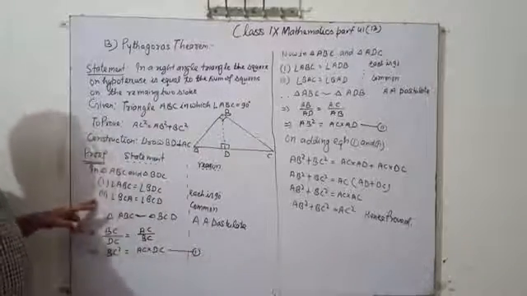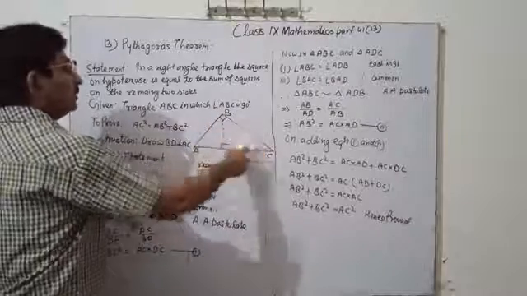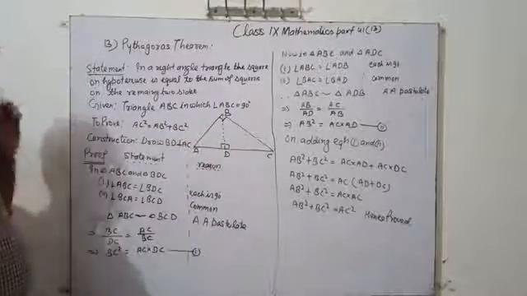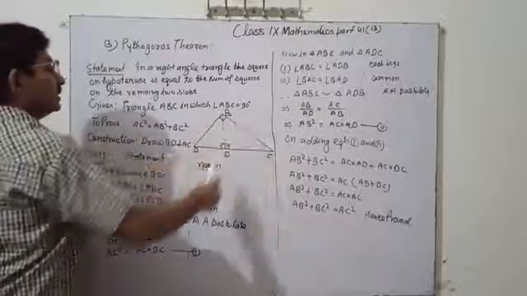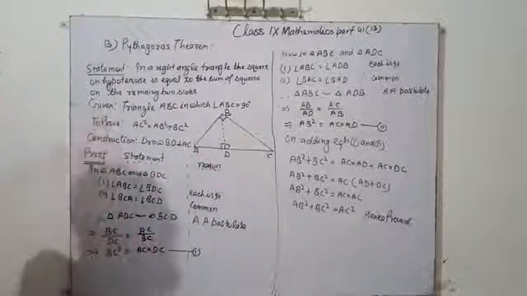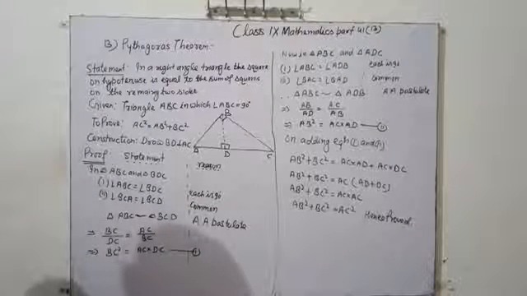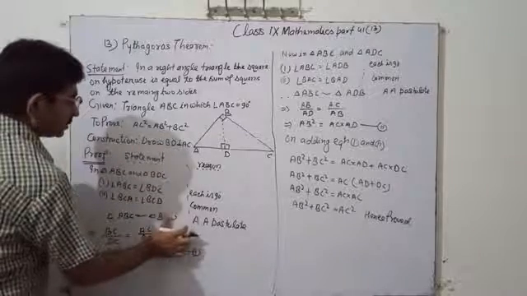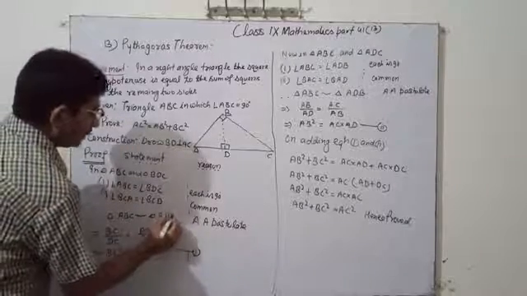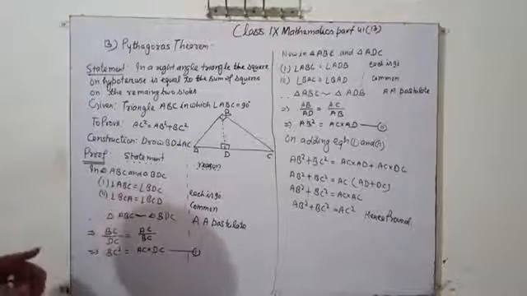And second, angle BCA equal to angle BCD, that is common. Therefore, triangle ABC and BDC are similar, triangle BDC by angle postulate.